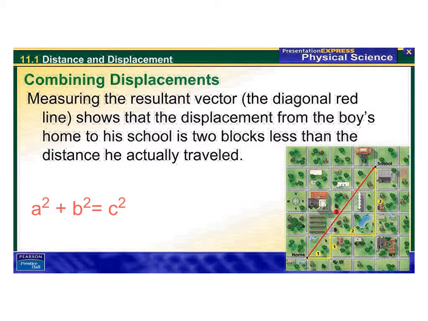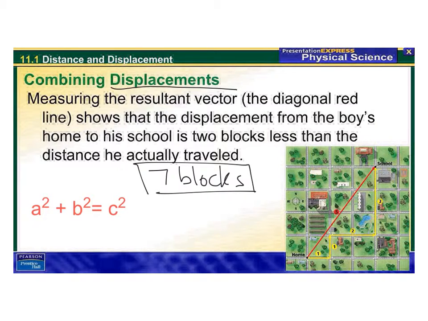Well, their overall distance would be 3 plus 2 plus 1 plus 1 for a total of 7 blocks of total distance. The actual displacement is much different. Remember, displacement just measures the distance from final to initial.